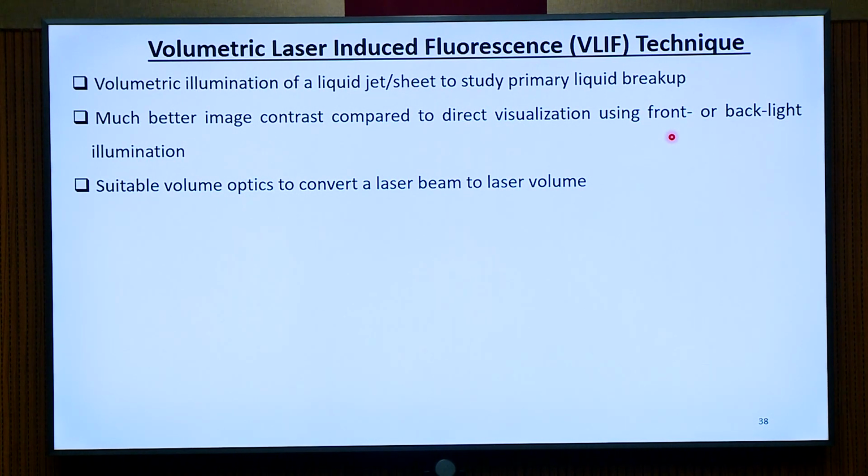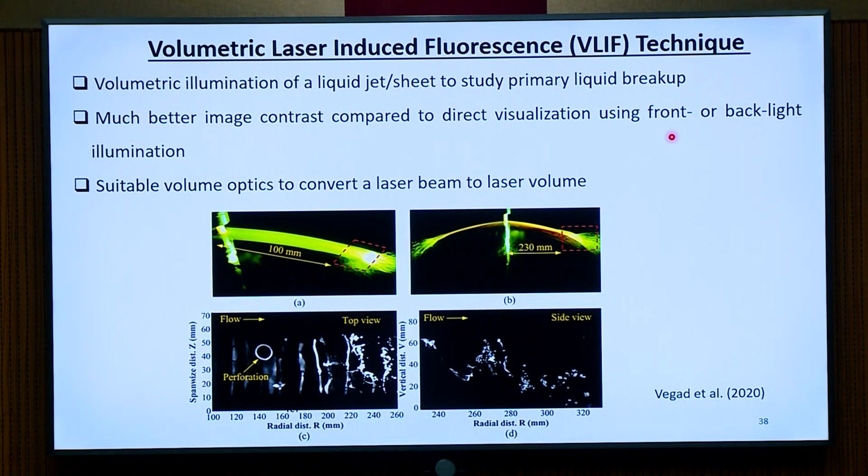In this case, instead of creating a planar sheet, you create a volume and illuminate the flow. The advantage compared to direct photography or backlight visualization is that the image contrast is quite good. For example, in this case, a liquid sheet has been illuminated with a laser volume.